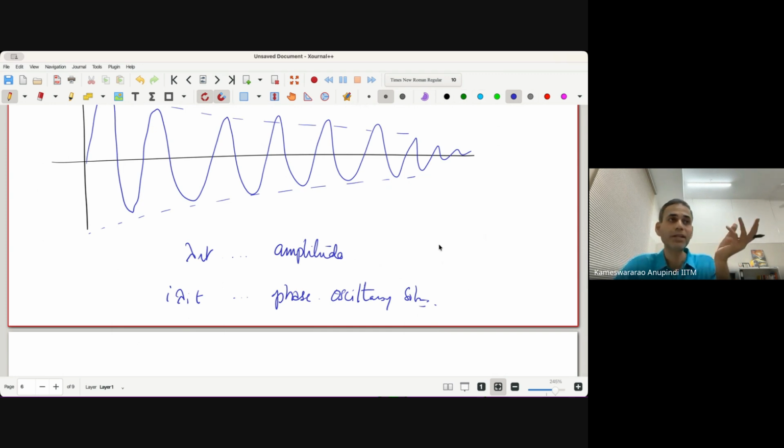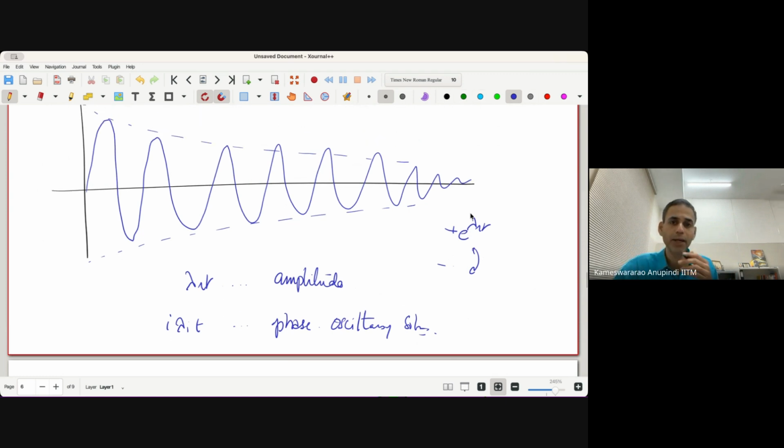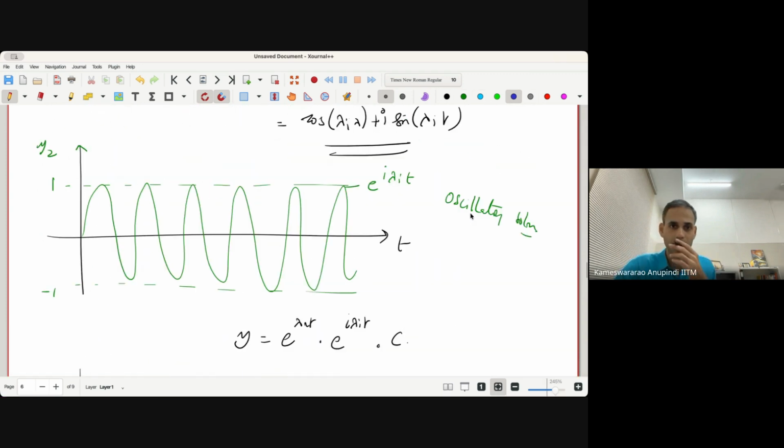The imaginary part, whatever value we get for lambda, is only going to define the phase. The solution is going to go between plus e to the power lambda_r t and minus of that, because it is being scaled by that constant. So that's what we should remember.